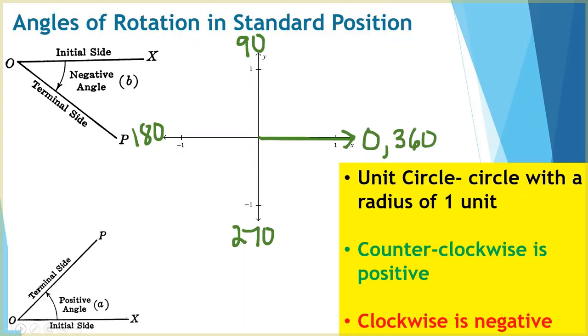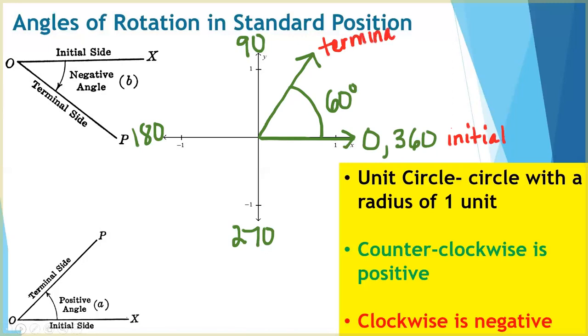And for a 60-degree angle, we're going to rotate counterclockwise. 60 degrees would be approximately right here. This would be a 60-degree angle. This would be our initial side, which is where we begin, and where we end is our terminal side.